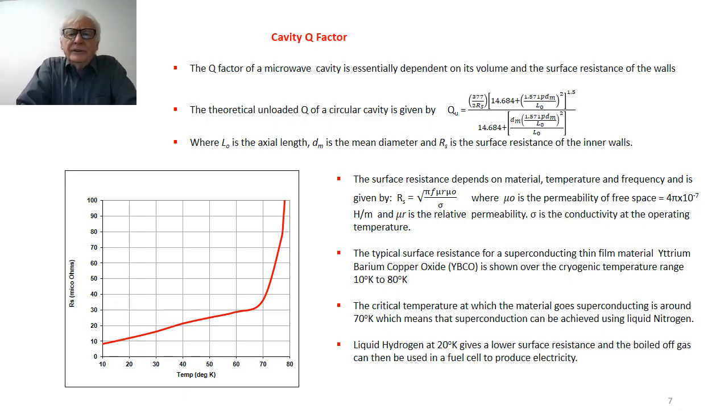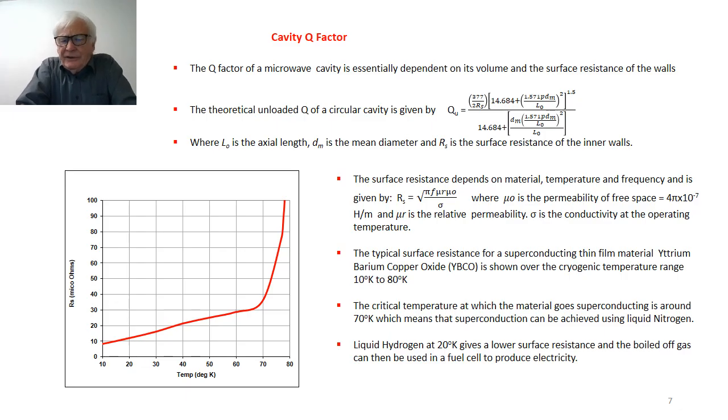And if you look at the surface resistance, which is shown in the graph on the left, then you can see that between 10 degrees K and 70 degrees K, there's a fairly low slope of the resistance going down as the temperature goes down.